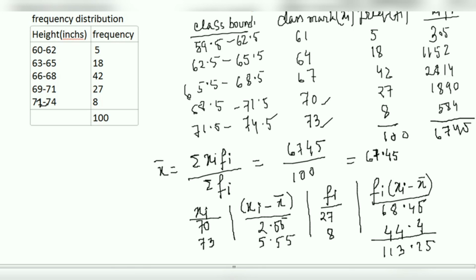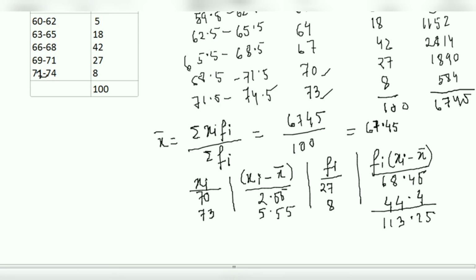So we know the formula for mean deviation about mean is 1 by n summation fi into xi minus x bar for those xi which are greater than x bar. So this is equal to 1 by n, that means 1 divided by 100 into the sum of fi into xi minus x bar, that means 113.25.